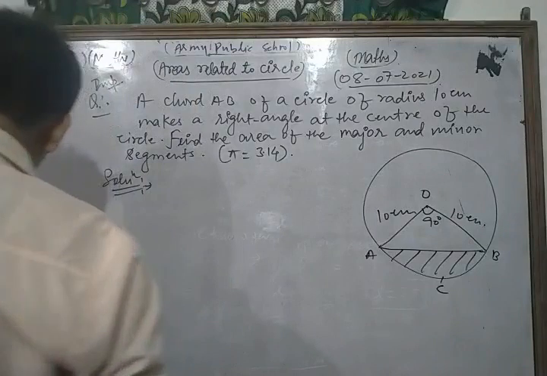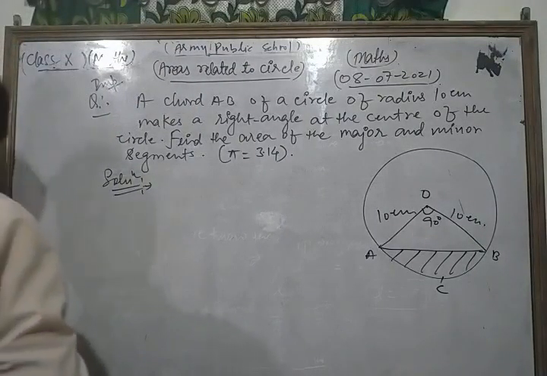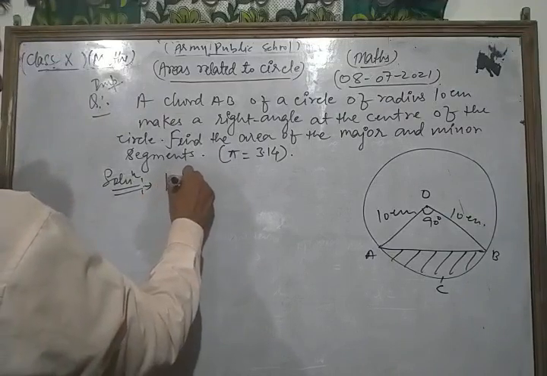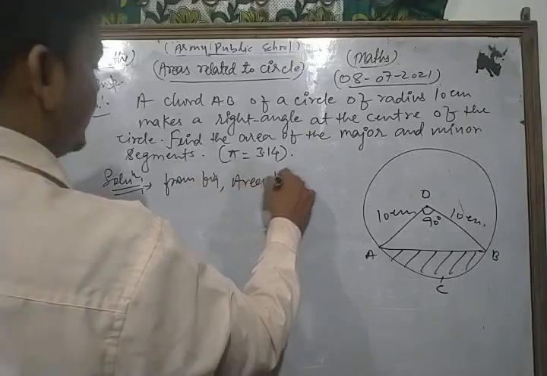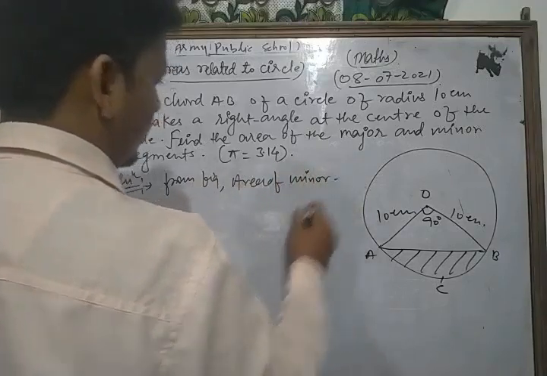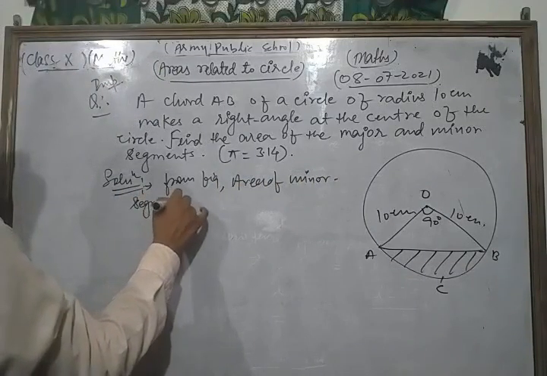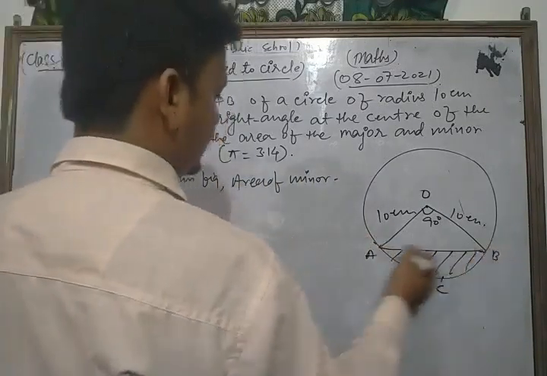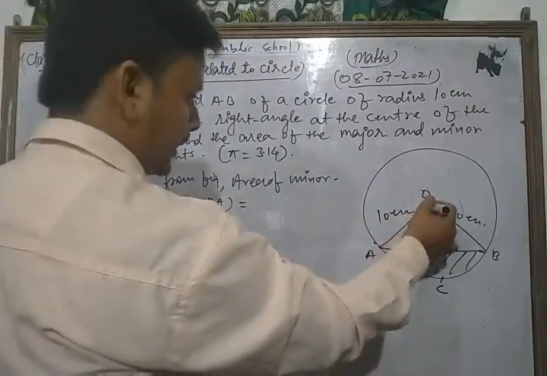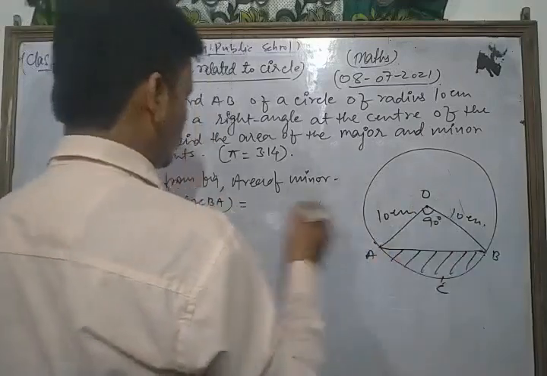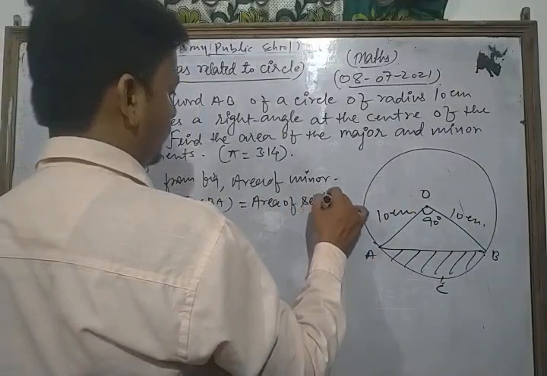Thus, from the figure, the area of minor segment ACBA is equal to the area of sector OACBO minus the area of triangle.